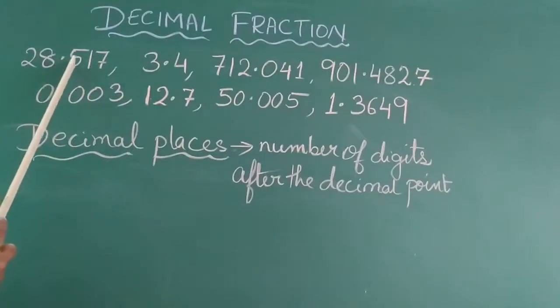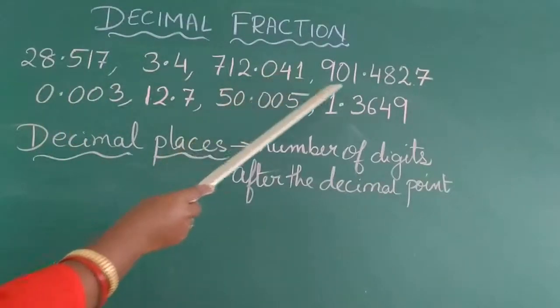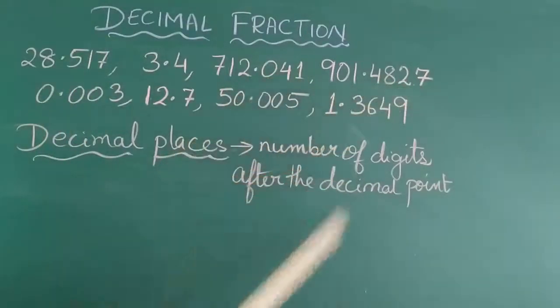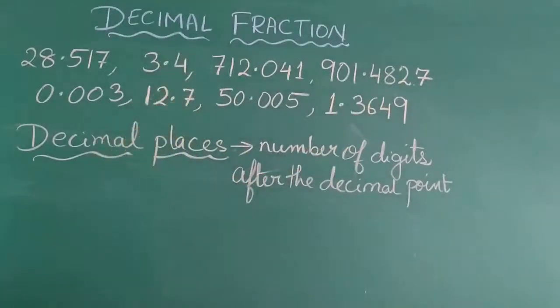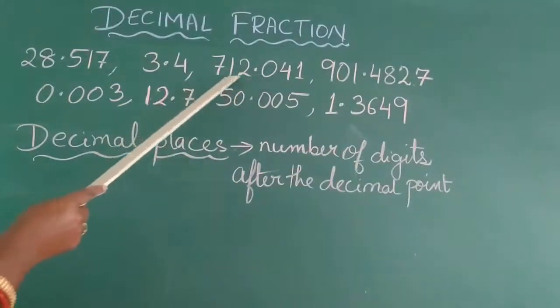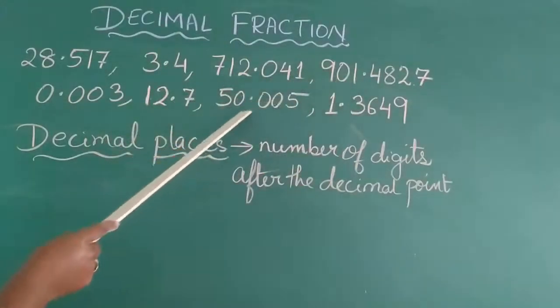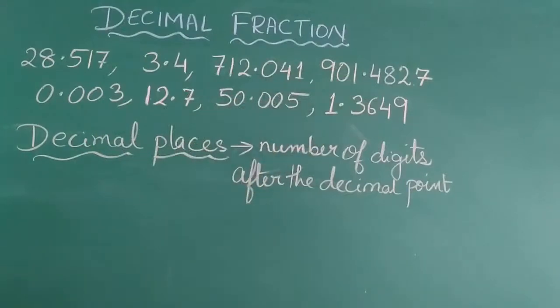So here as you can see 1, 2, 3. So how many decimal places? 3 decimal places. Here if you see 1, 2, 3, 4. 4 decimal places. Here if you see 1 decimal place. So after the decimal point, we are not bothered about the number before the decimal point. That is, the integral part is not to be considered. Only the decimal part. In the decimal part, as many number of digits, that many decimal places.